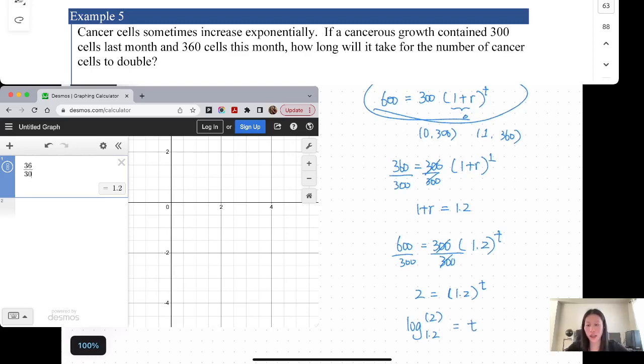In a decimal, I can calculate log of 2 divided by log of 1.2, which is 3.8. So t is 3.8. Remember, our unit is month. So that means for that cancer, it takes 3.8 months for the number to double.